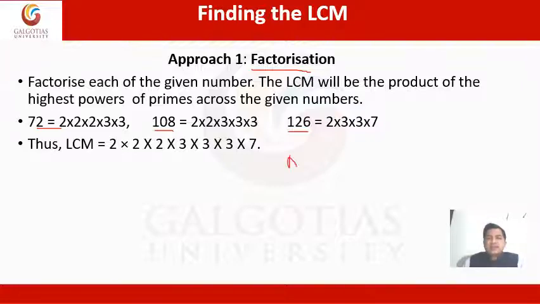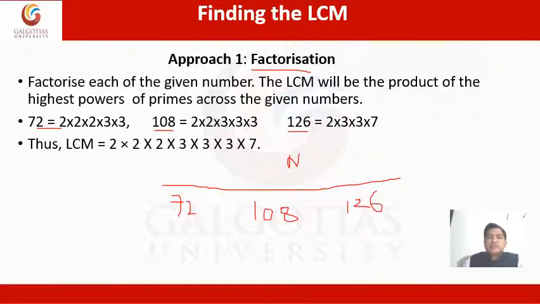LCM is a number n which has to be completely divisible by 72, 108 and 126. And this n should be the minimum possible number which will be exactly divisible by 72, 108 and 126.